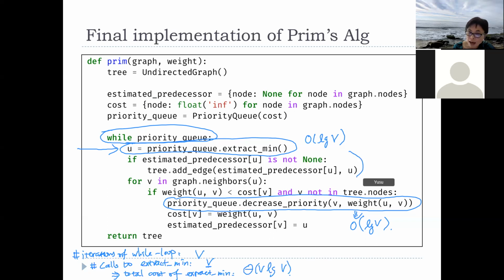This other step is just constant time, so we can ignore it because it's going to take total cost of order V.